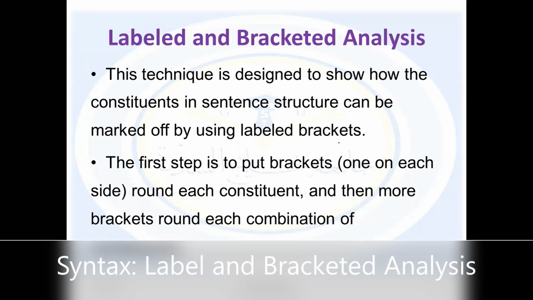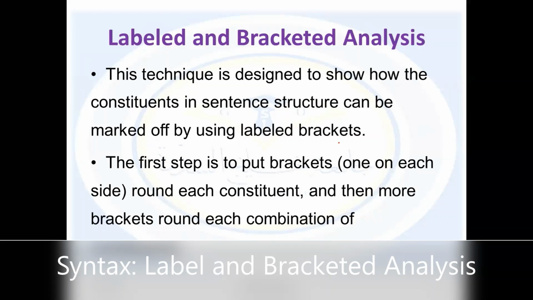Here, when we find a sentence, the first step is to put brackets, one on each side, to enclose each constituent. For example, when we find a noun, we'll use brackets to enclose it. And let's say a verb, we should enclose it with some other bracket, and even for the noun, in case there is some other noun or noun phrase after.